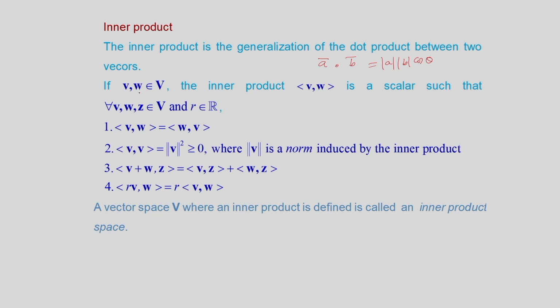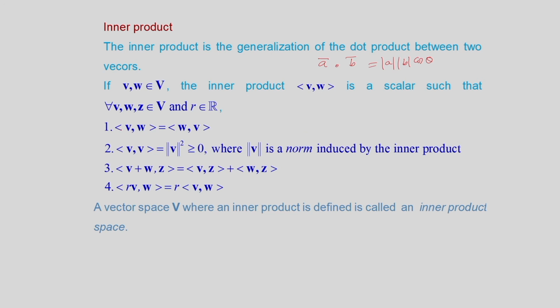If V, W belong to capital V, the inner product, denoted by angular bracket V, W, is a scalar. So, inner product is a scalar such that for all V, W, Z belonging to V, any three members of V, and R belonging to the reals, what will happen?